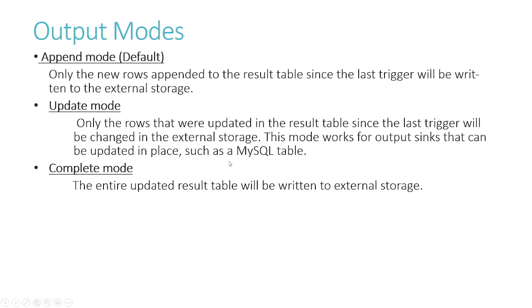If the data gets updated, suppose we have employee data and an employee resigns or leaves the organization, and then it gets updated. In that kind of scenario, a few rows were updated, and since the last trigger, it will change the external source where you are writing the data in the sink. It may be HDFS, S3, or any database, right?